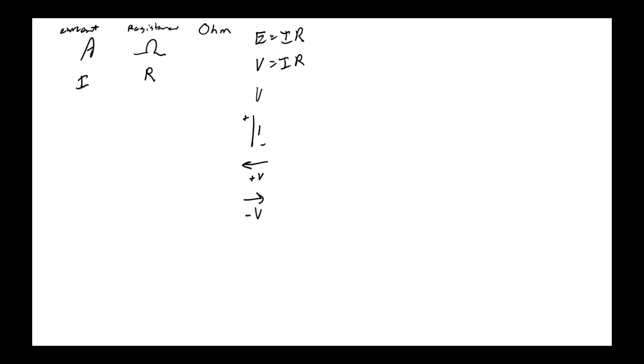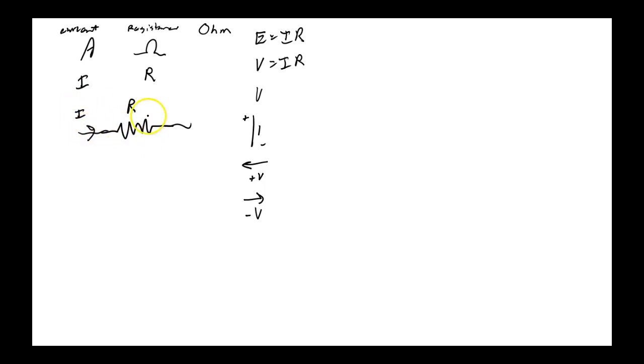Now, your resistors are represented like this. That's the symbol for a resistor. Usually you'll have an R by that indicating it is a resistor. And usually in your circuit you'll have an arrow in one direction or another, telling you that's your current.